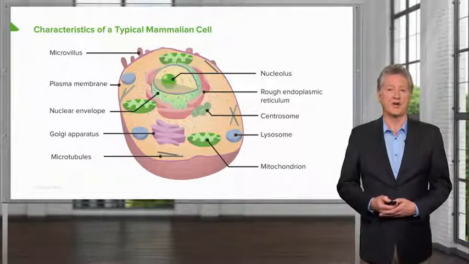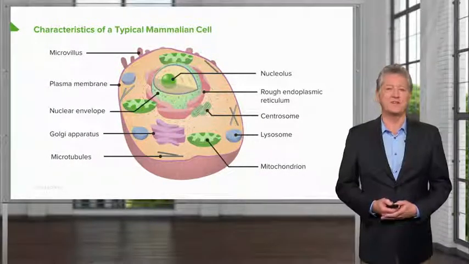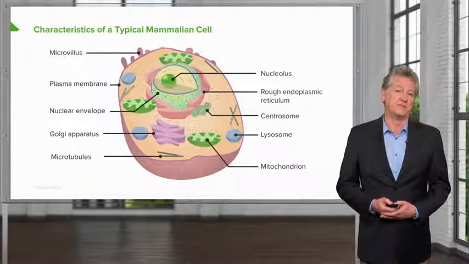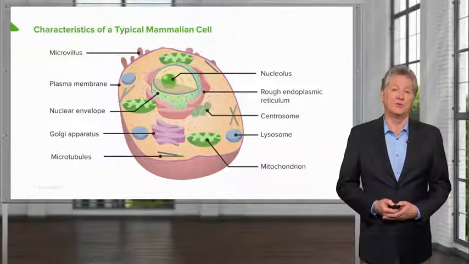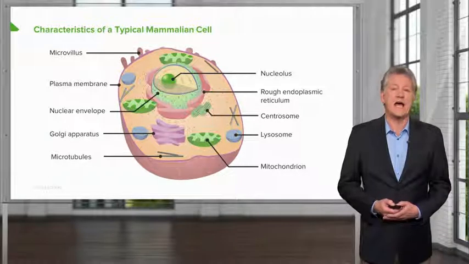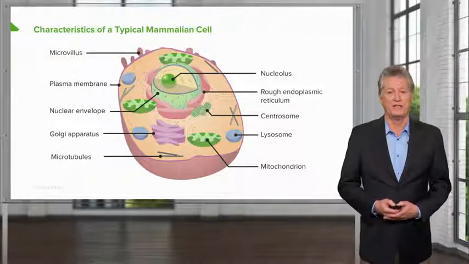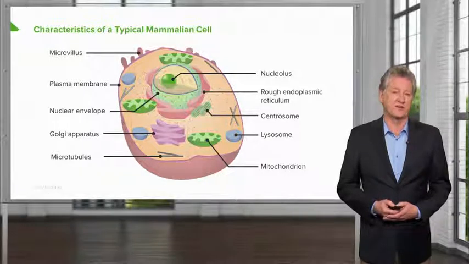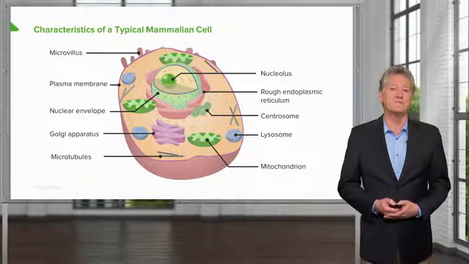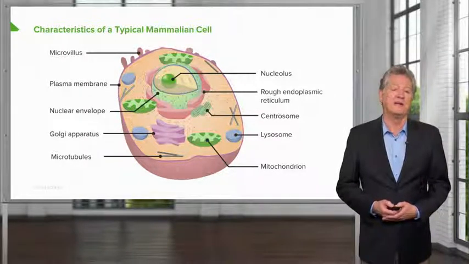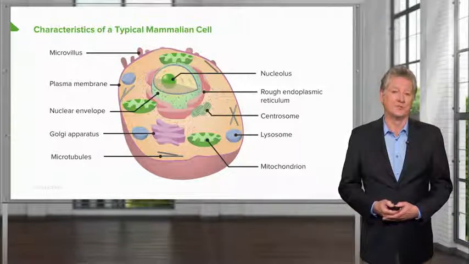Here is a diagrammatic representation of a typical mammalian cell. All the major structures that I will talk about in this lecture are labelled in this diagram. You can see how complex the structure of a cell really is, and all those different components you see labelled there have their own specific functions, although they work together to perform the various roles in which cells play in our various tissues and organs.